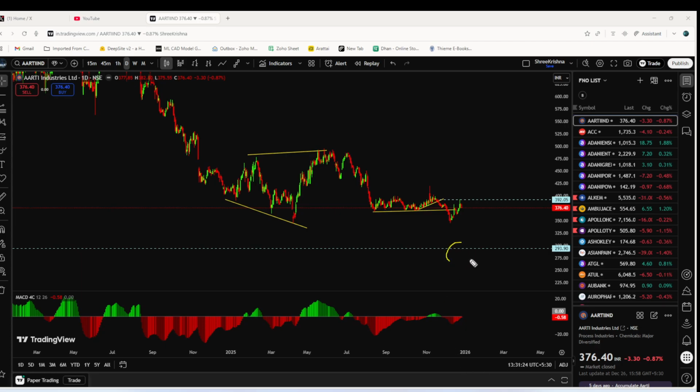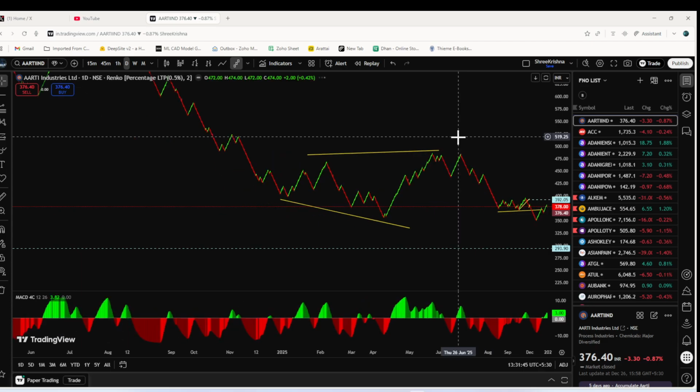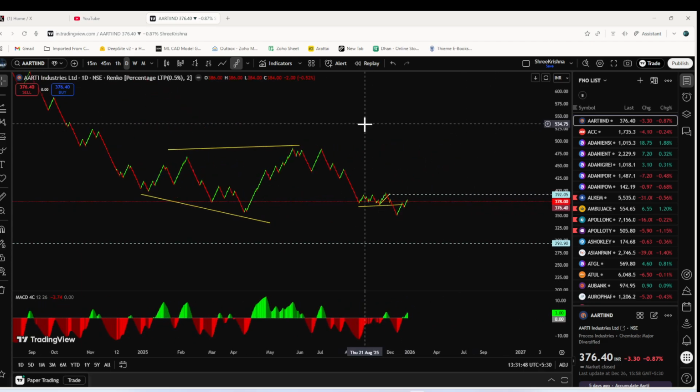This forecast is always waiting for it. It is making a flag over here and is likely to come down to 293. Once it hits 293, we will look for the reversal. And when you go with Rainco noiseless charting, you will come to know how we can be so sure.